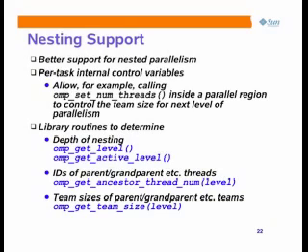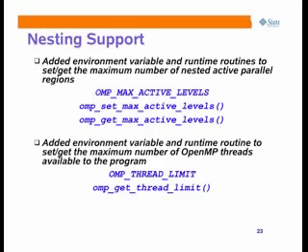In addition, there are routines that allow you to control nesting. So you can, for example, control how many levels of nesting you have via an environment variable or runtime call. Also get that level, get the maximum level via runtime call.